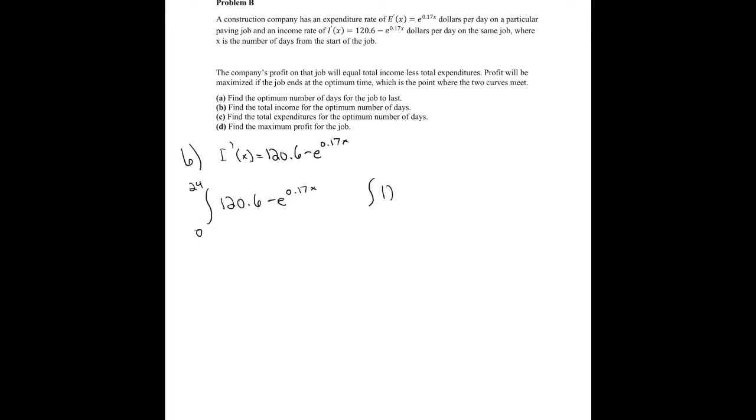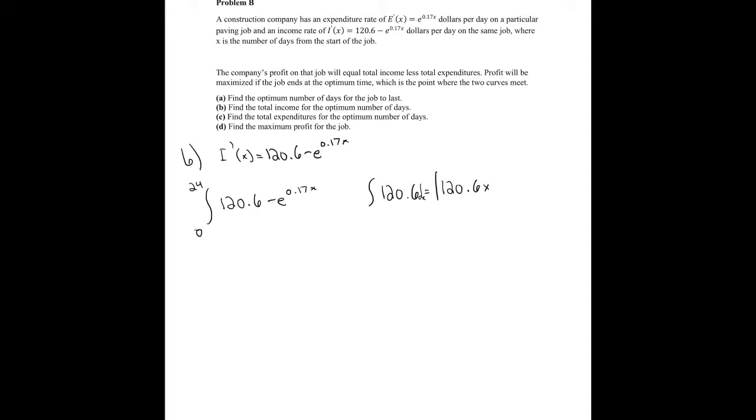So we're going to put our equation next to the upper bound and now solve for the antiderivative. To do this, we're going to split our equation in half and solve for the antiderivative of 120.6, which equals 120.6x, using the constant rule.